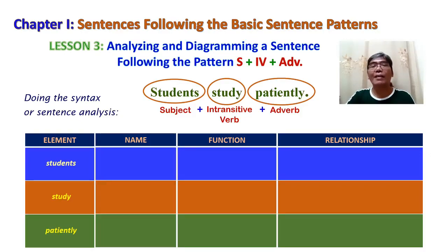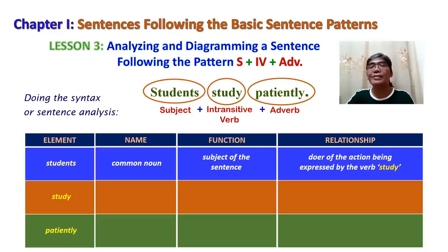Let us now begin analyzing the sentence, students study patiently. The first element or word students is classified as common noun. This common noun is used as subject of the sentence. This subject of the sentence is the doer of the action being expressed by the verb study.